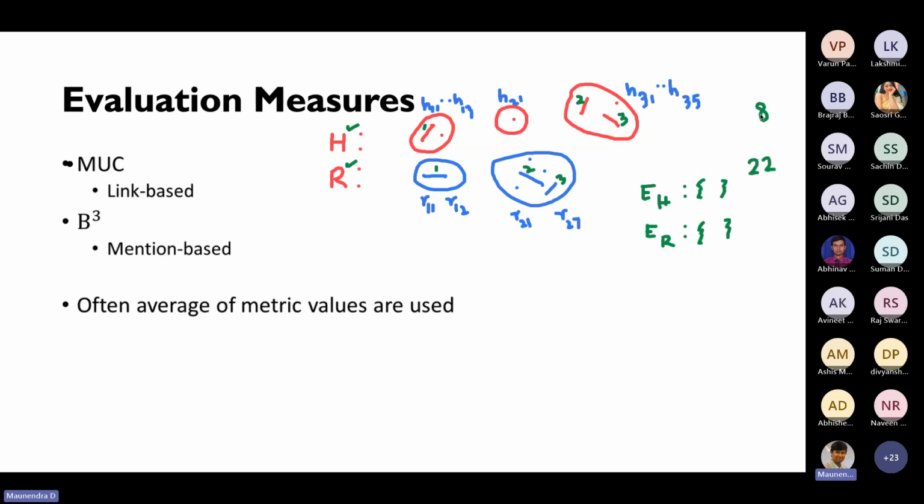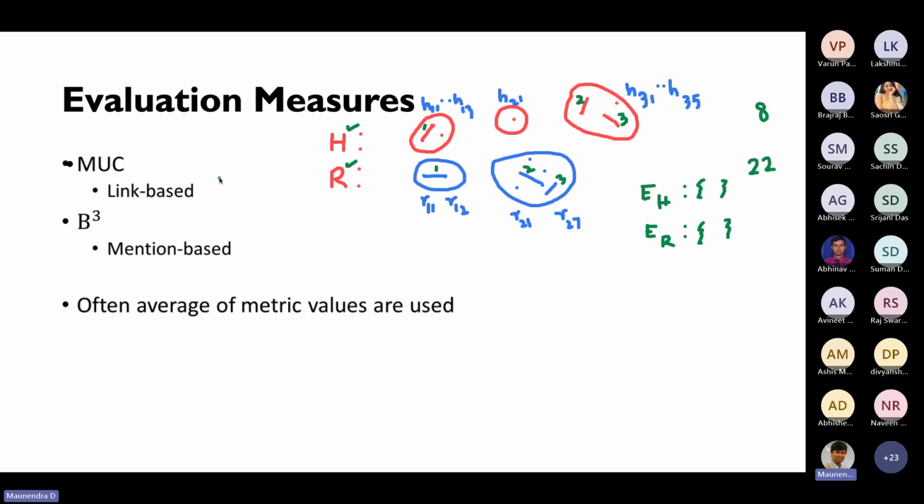So that will be the precision, and the recall will be how many edges are in common between them. That will be the numerator, and the denominator will contain how many edges are there in the reference. So now you have the precision and recall, and then you can compute the F measure from there. So this is how MUC is computed.